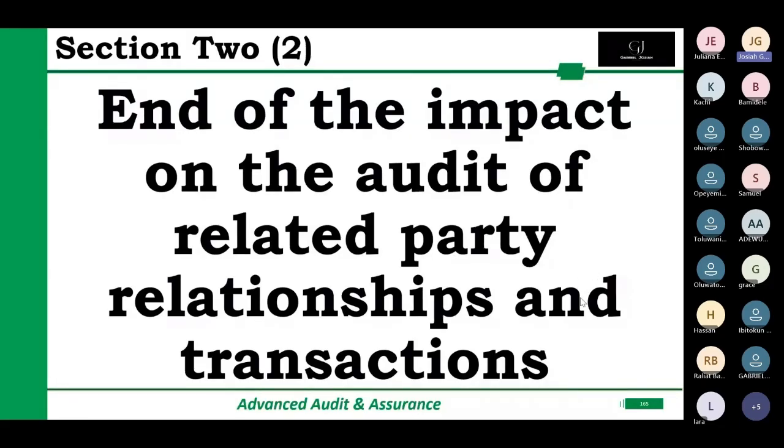He said, are there red flags that could indicate the existence of undisclosed related parties? Sure, there are red flags. I think the first red flag could be unusual or non-standard transactions. How do I mean? Transactions at terms significantly different from market conditions.